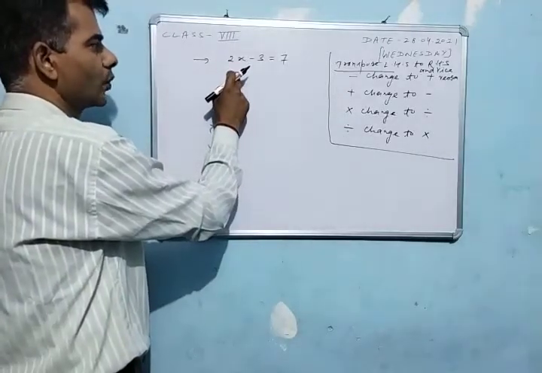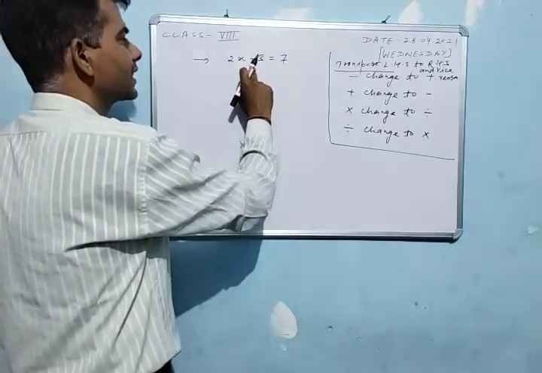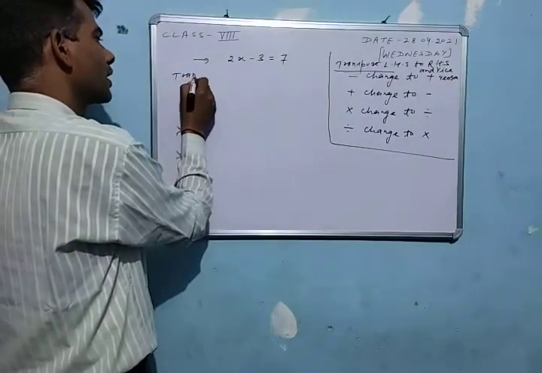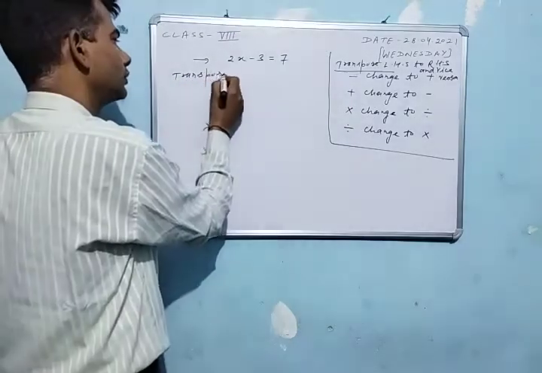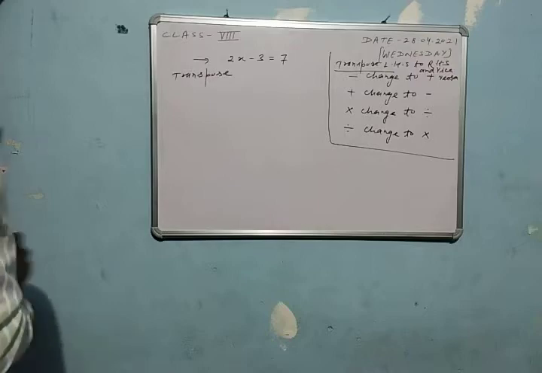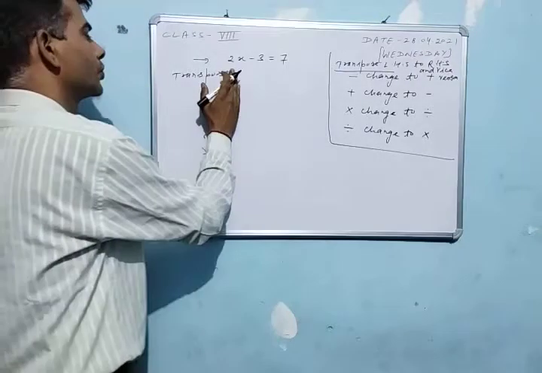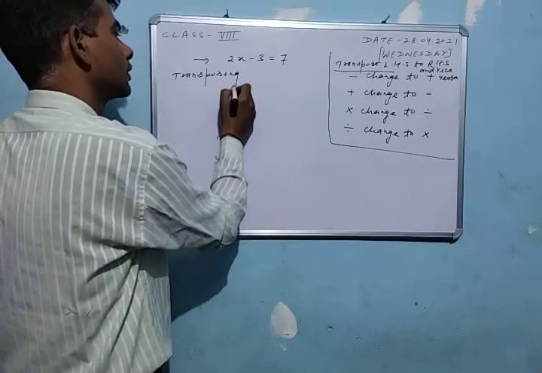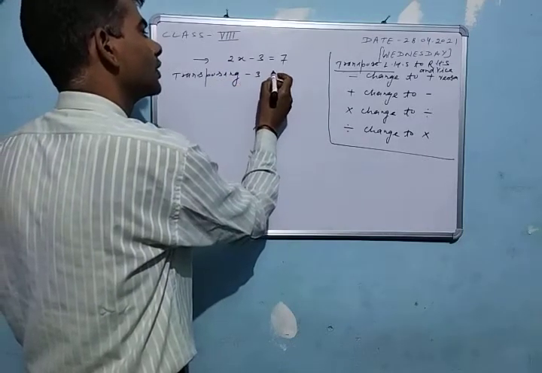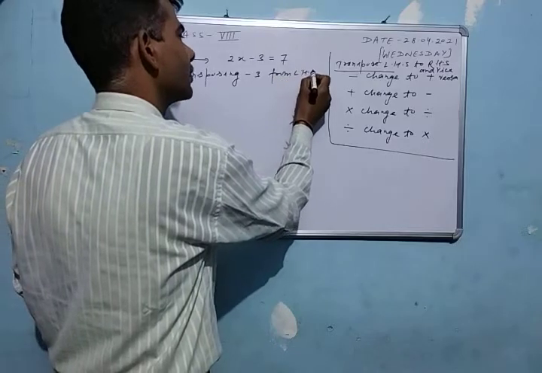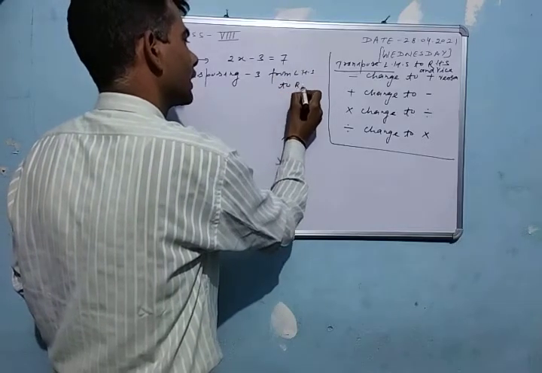To find the value of x, minus 3 will be transposed, transposing minus 3 from left hand side to right hand side.